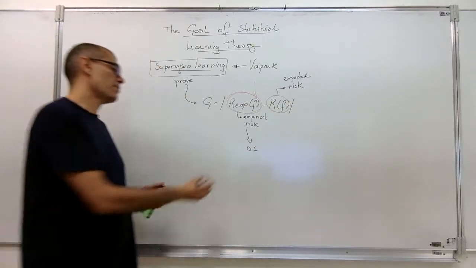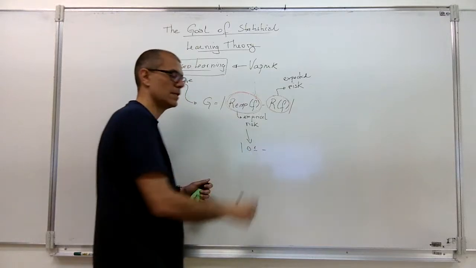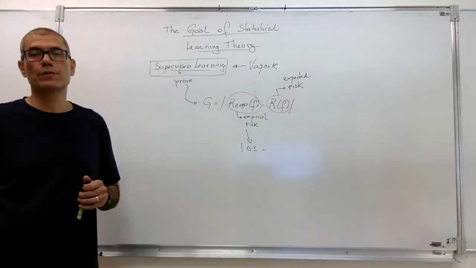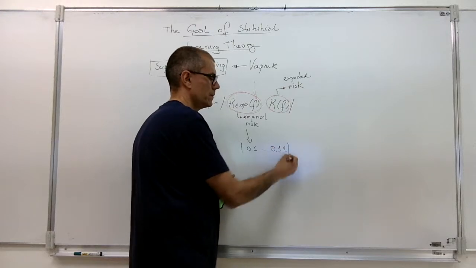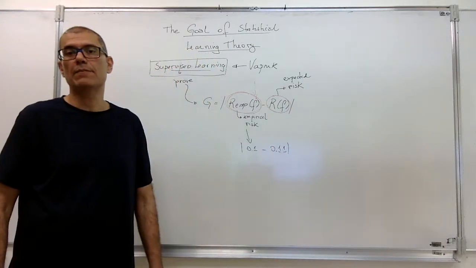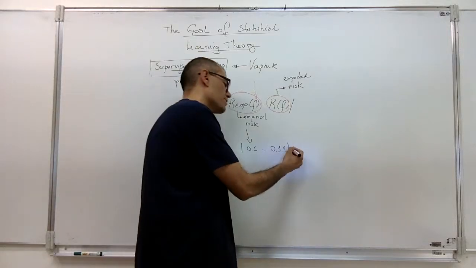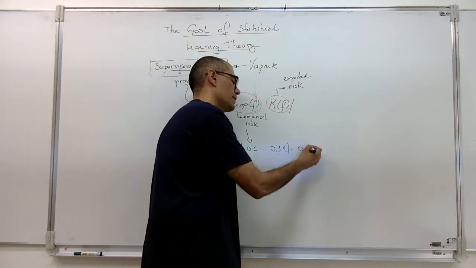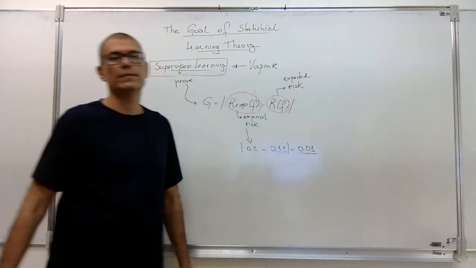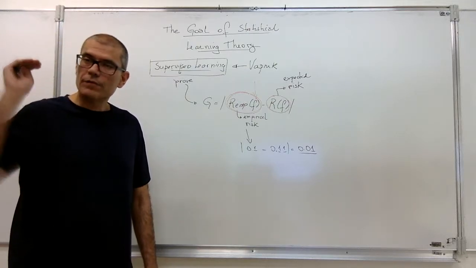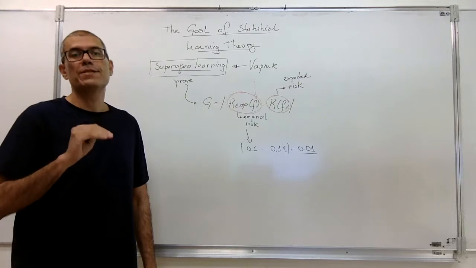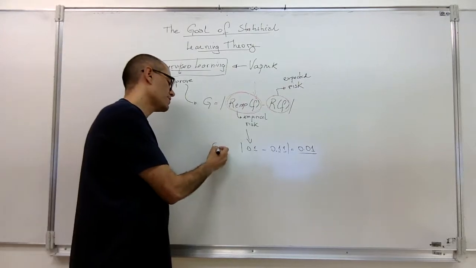And when they apply that knowledge in real-world conditions, that error could be 0.11, for example. It's not perfect, but it's not that bad. So when we measure generalization here, it's going to be 0.01. And every time we have something converging or approaching zero, that means generalization is happening.